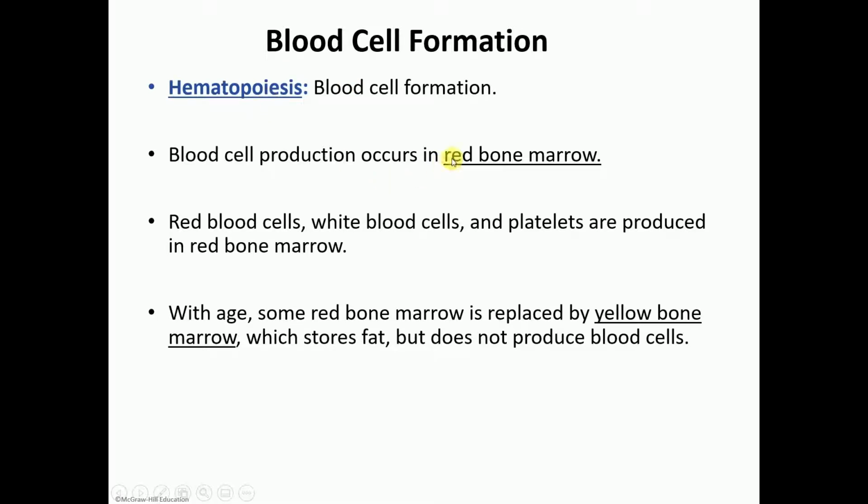It occurs in the red bone marrow, and we know now that red bone marrow is found in our spongy bone. The red bone marrow will make red blood cells, white blood cells, and platelets. As we age, red bone marrow gets replaced by fat and becomes known as yellow bone marrow and will not be able to produce as many blood cells as it used to.